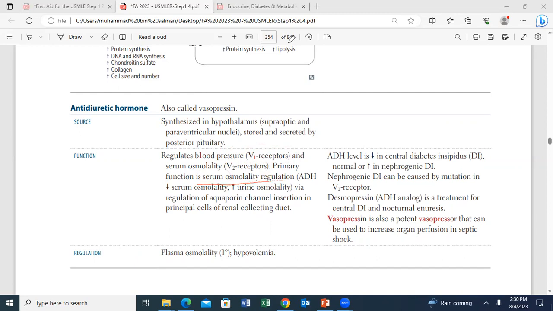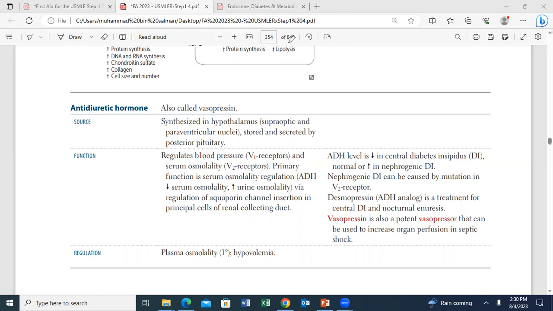And so the primary regulator for release of ADH is also the plasma osmolality. It basically increases the absorption of water by increasing the aquaporin channels in principal cells of the renal collecting ducts.